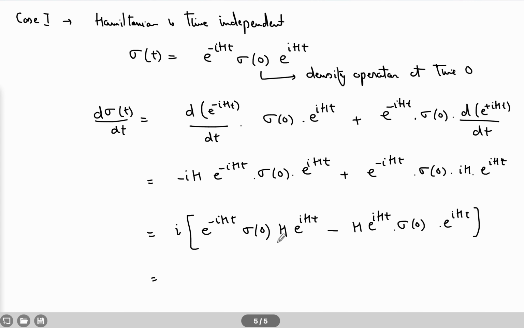Now you see this is nothing but sigma(t), right? So I can write i, sigma(t) H minus H sigma(t), and this can be written, if I take the negative out, as minus i times the commutator of H and sigma(t).